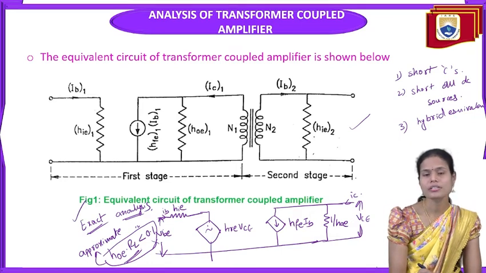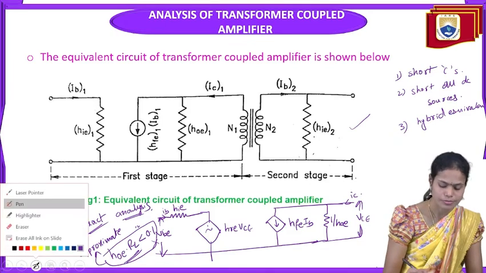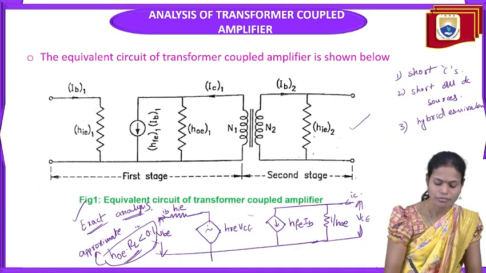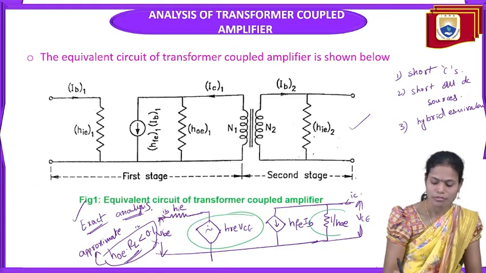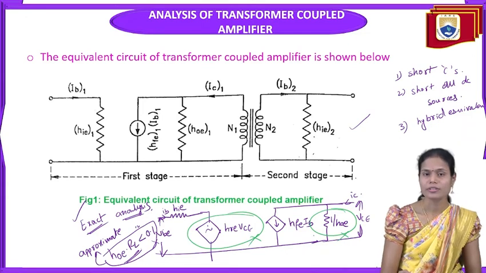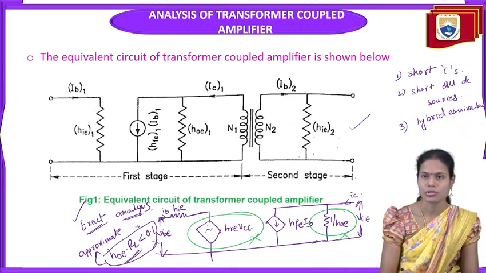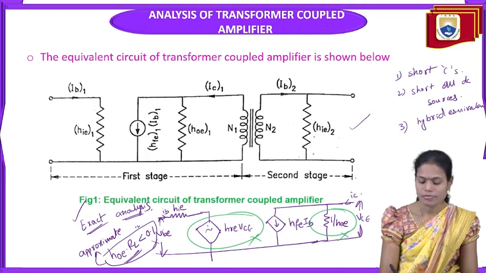So here in the case of the transformer coupled amplifier, I am going to take it as approximate analysis. In the case of approximate analysis, these hre Vce as well as 1 by hoe terms will be removed. Why are we removing these terms from the hybrid equivalent circuit? This 1 by hoe is in parallel with the load resistor.